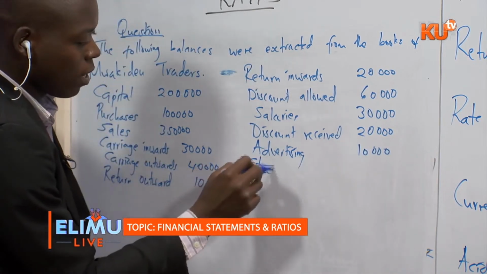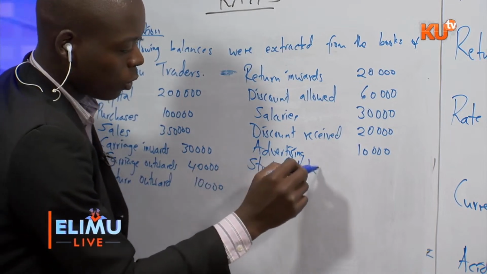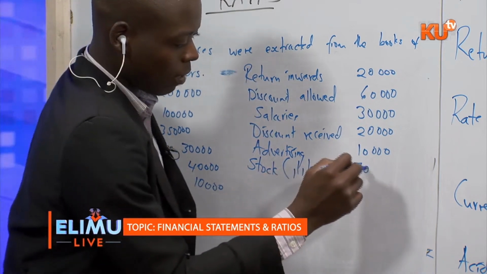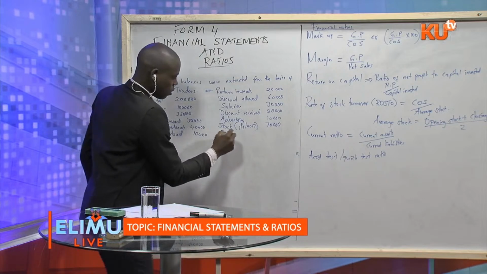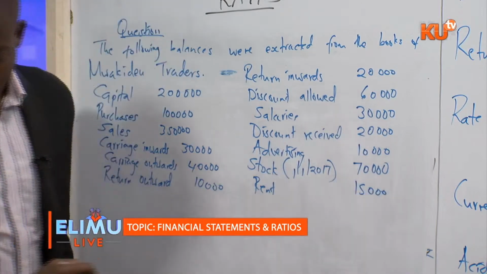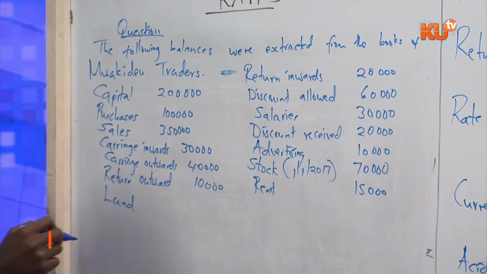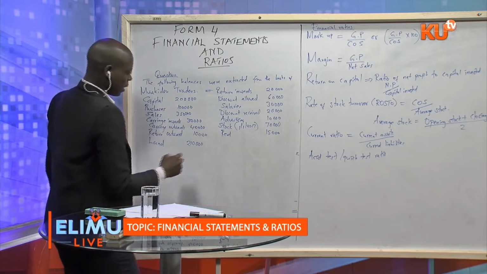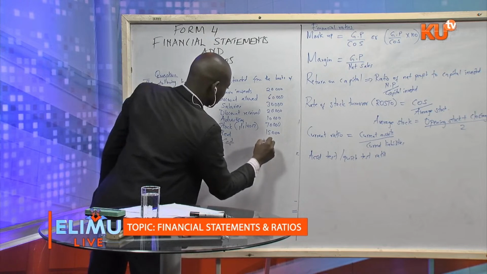We are given stock, and in brackets it is written 1/1/2017, that is on 1st January 2017. That is 70,000. And then we have rent given as 15,000. We have land, that is 210,000. And then we have the record for cash given as 46,000.